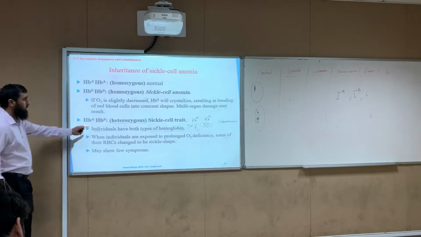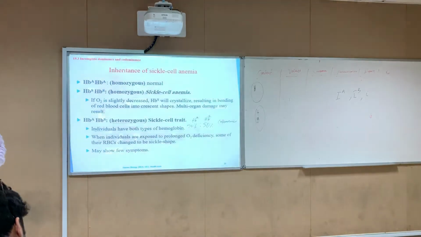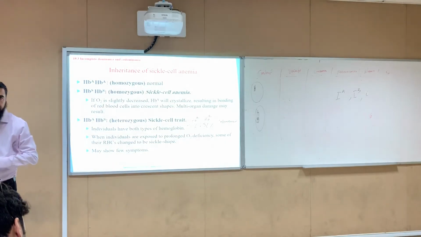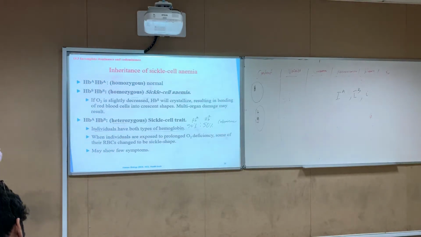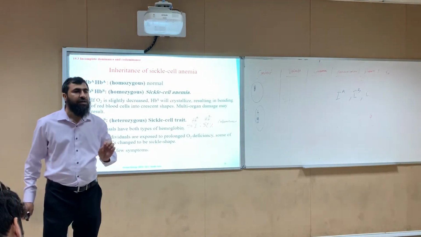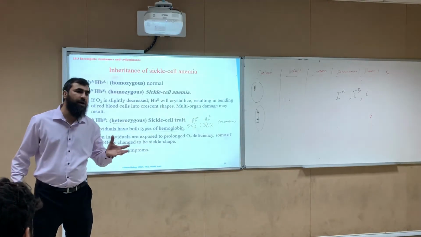Normally, in normal oxygen conditions, HbA is dominant and the shape is normal, okay? But when you get low oxygen, some of the cells start to form sickle cells and some are normal.